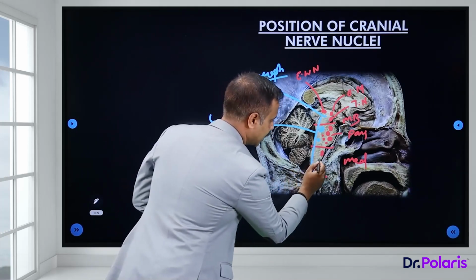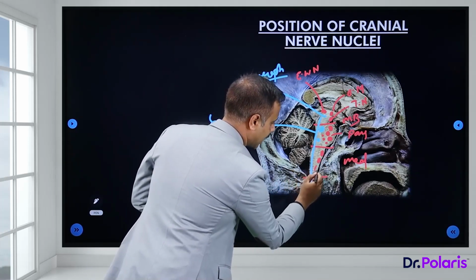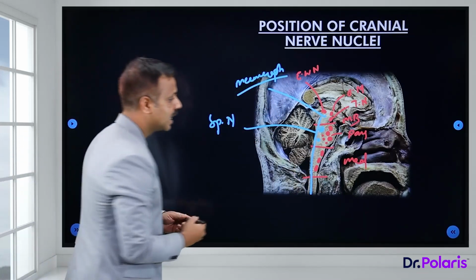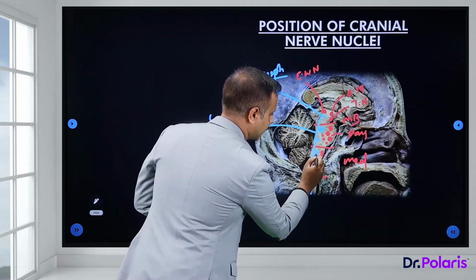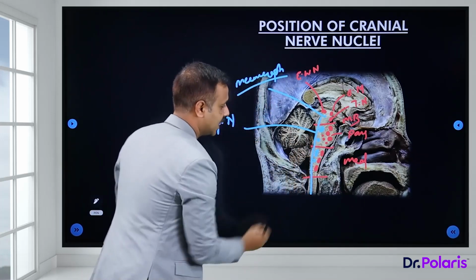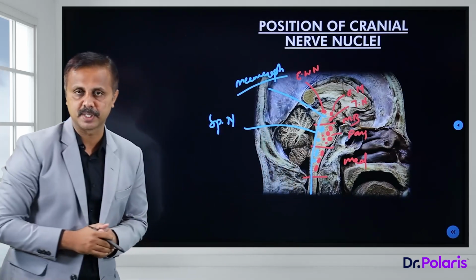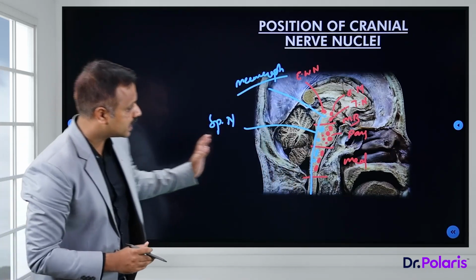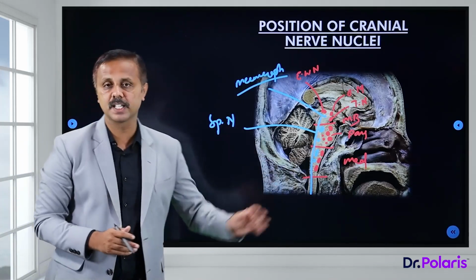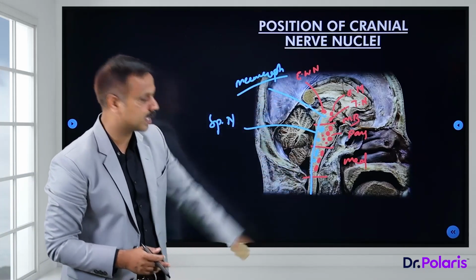Then it has the nucleus ambiguus and also has the dorsal nucleus of vagus. In addition to this, it has nucleus tractus solitarius, then it has the vestibular nucleus, and it also has the spinal nucleus.